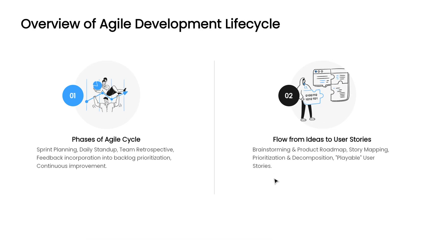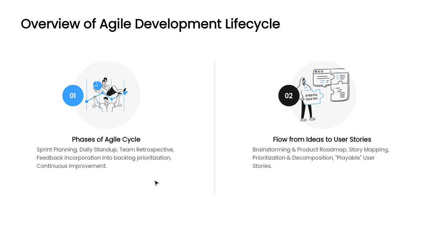So let's start by understanding where epics and user stories fit within the Agile development life cycle. The Agile life cycle consists of several key phases like sprint planning, daily stand-up, team retrospective, and the sprint demo, plus the continuous feedback that we can get from the stakeholders and incorporate into the product backlog for prioritization.